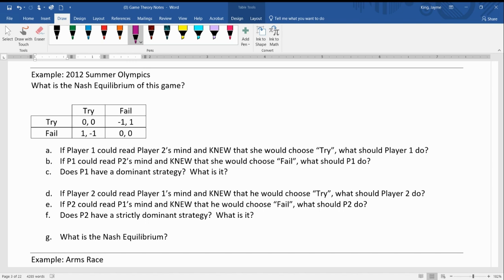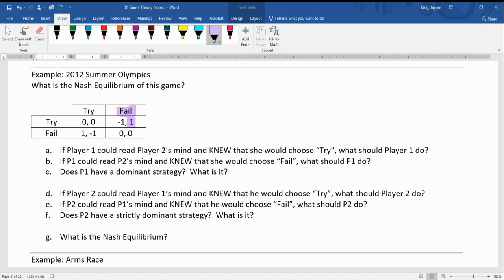As you look at these outcomes, if both teams tried to win, it's sort of a wash, it doesn't really happen. That's just a normal play. In this case, if the first team tried to win and the second team tried to fail, that was actually a good outcome for them. If they tried to fail, they get the positive outcome, because the positive outcome is that you don't have to play the other team, the good team.